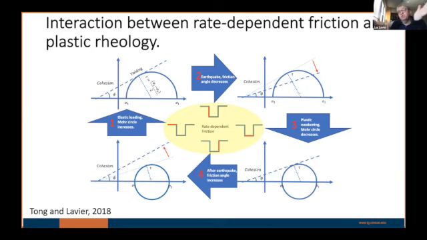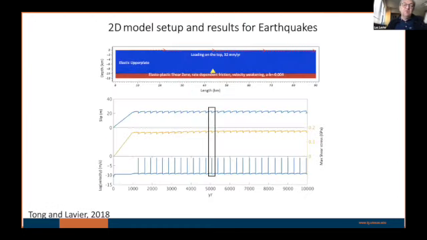So we have both rate and state and Mohr-Coulomb. In detail it's more complicated than that, but basically what we really want here is both the velocity weakening behavior that decreases or increases friction, and the state behavior, which is simulated, not exactly the same way, but simulated by the loss, the dissipation of energy through plasticity in the Mohr-Coulomb phenomena. And we were able to simulate earthquakes.